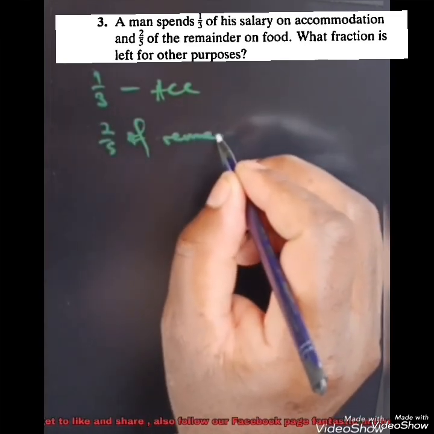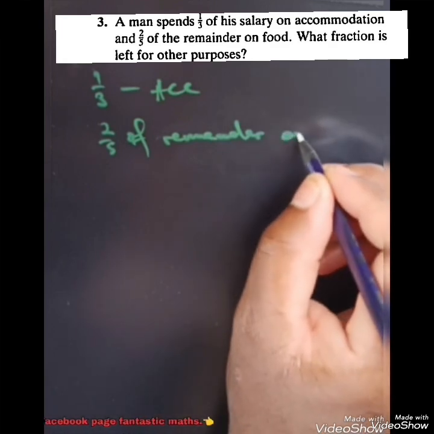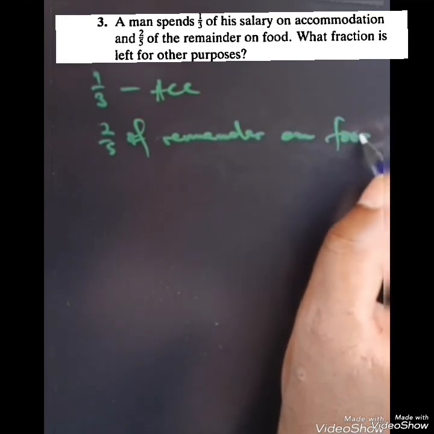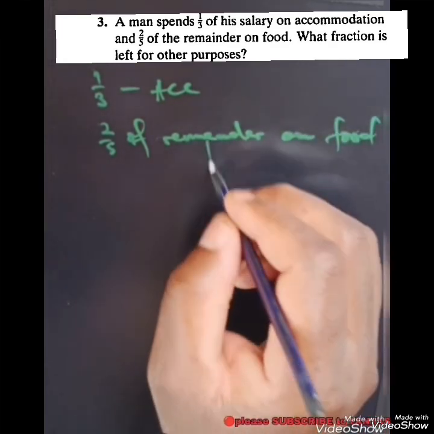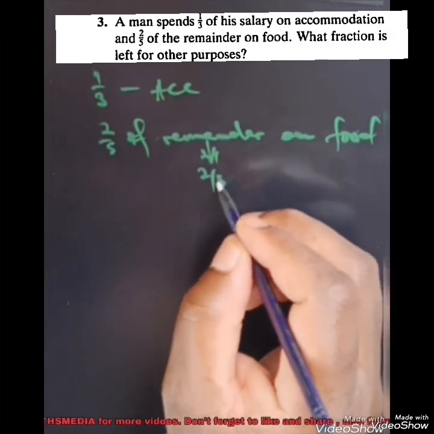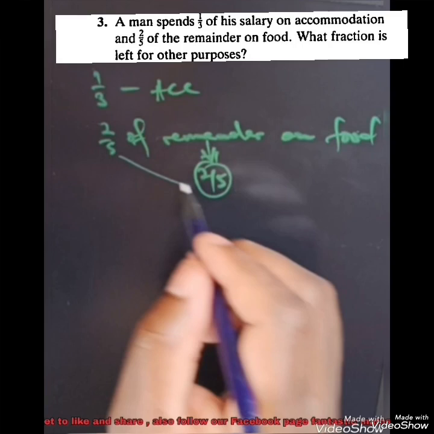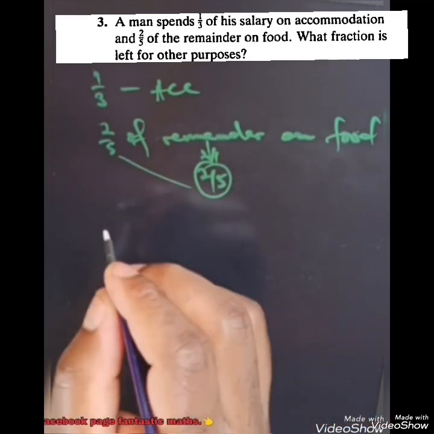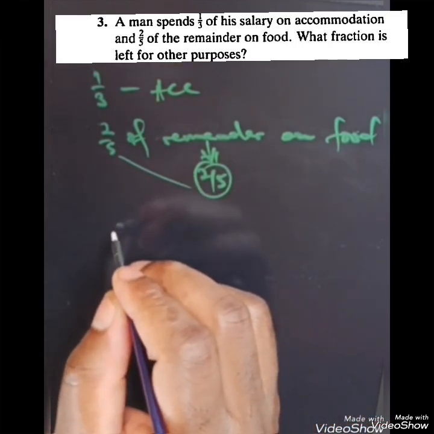What is the remainder? Since the whole salary is 1 whole, for the remainder we subtract 1 over 3 from 1, so that we get 2 over 3.